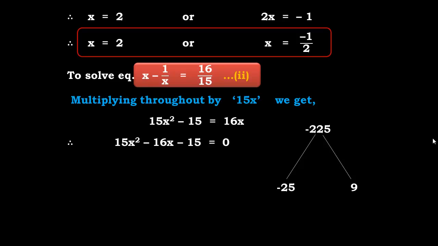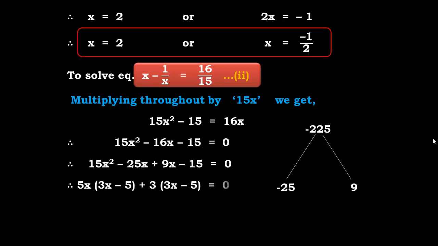So we can write the middle term as minus 25x plus 9x. So we get 15x square minus 25x plus 9x minus 15 is equal to 0. Now see, from 15x square minus 25x, we can take 5x common, in the bracket 3x minus 5. From the next two terms we can take 3 common.